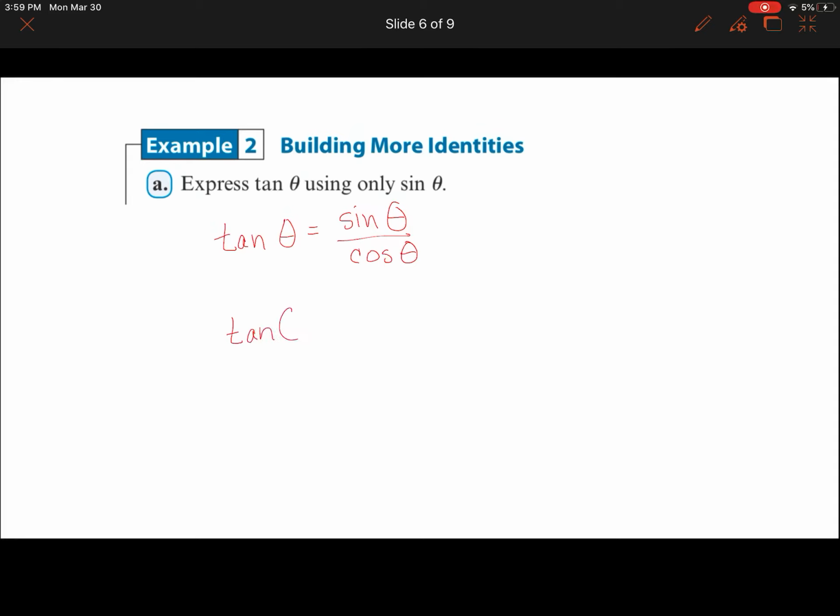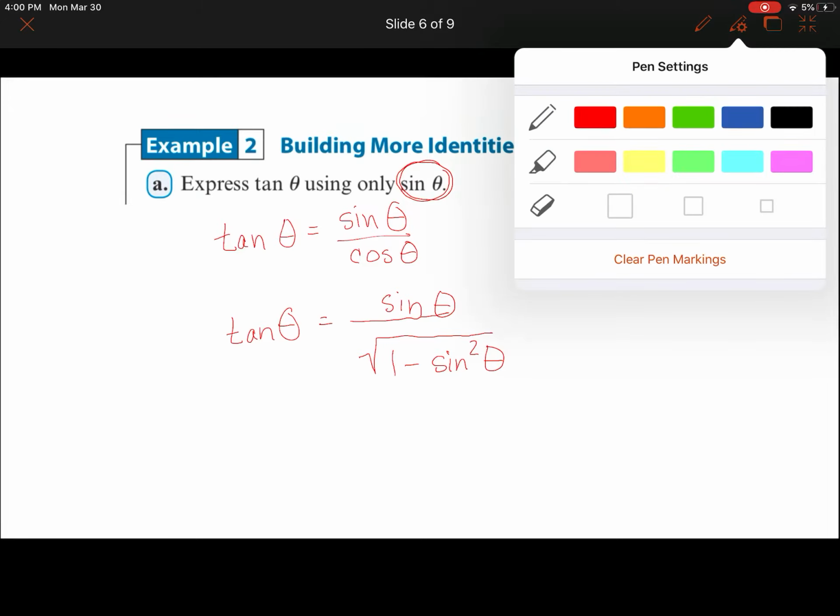So we've got tan theta is equal to sine theta over the answer that we got before, in my slide that I deleted, which is the square root of 1 minus sine squared theta. We just substituted in for that cosine so that we're expressing tangent only using sine. We got rid of the cosine.